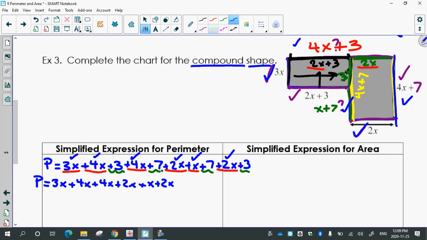And then we've got a 3, a 7, a 7, and a 3. A lot of terms there.